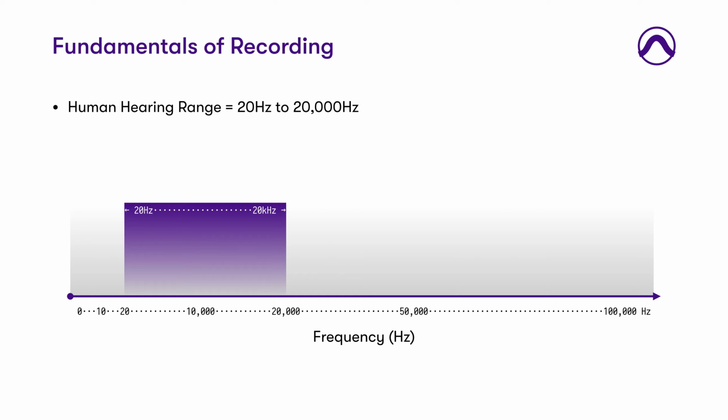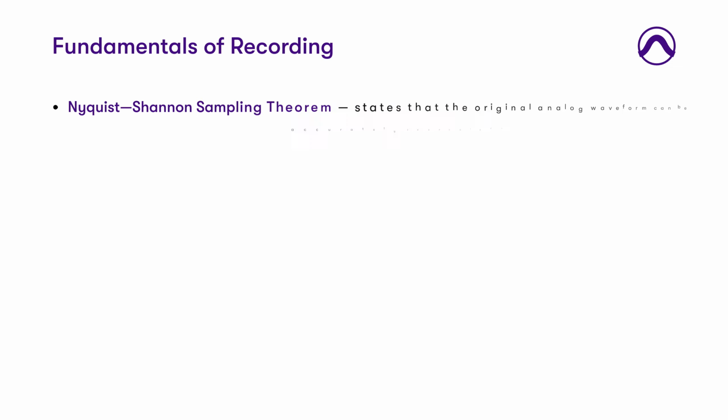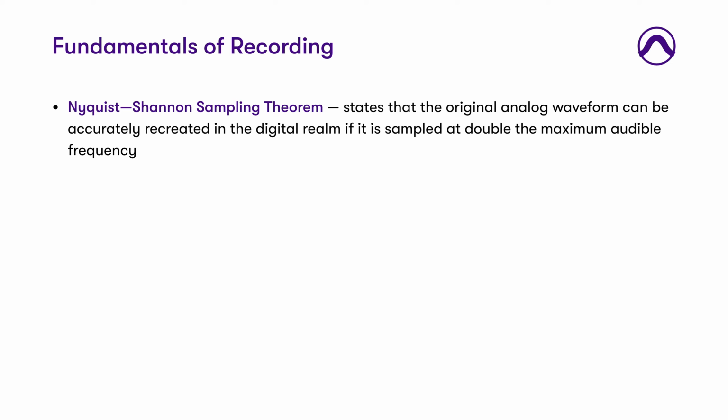For our computer to be able to recreate the waveform we are listening to accurately, Nyquist and Shannon, two scientists, did research and figured that if a signal is sampled at double the maximum audible frequency, it can be recreated accurately digitally.